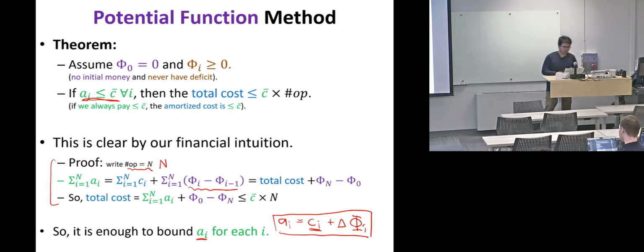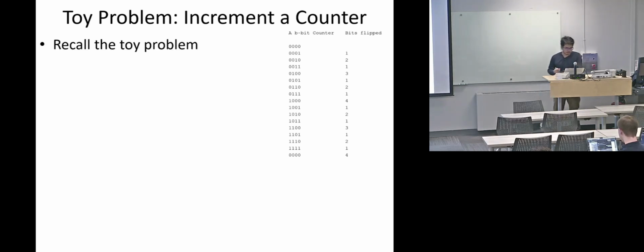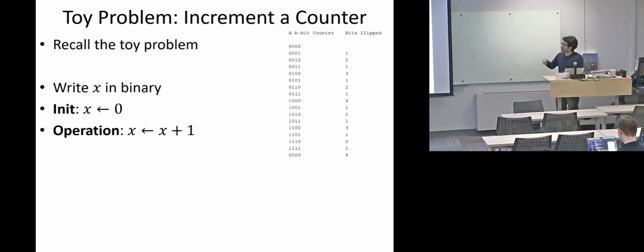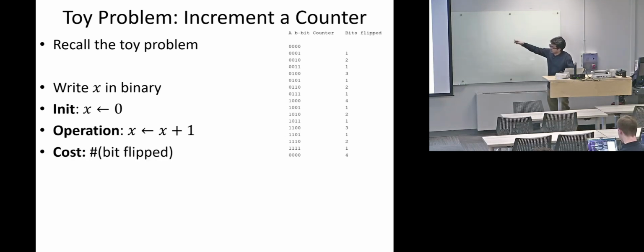Okay. Let's try to apply this potential function method to a toy problem, the incremental counter again. Just to recall, the problem was you have x written in binary, start from 0, keep increasing it by 1, and the cost is the number of bits that you flipped.